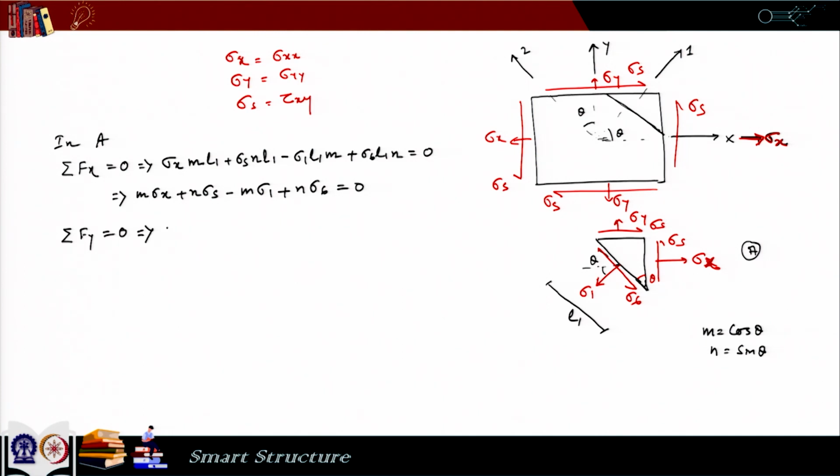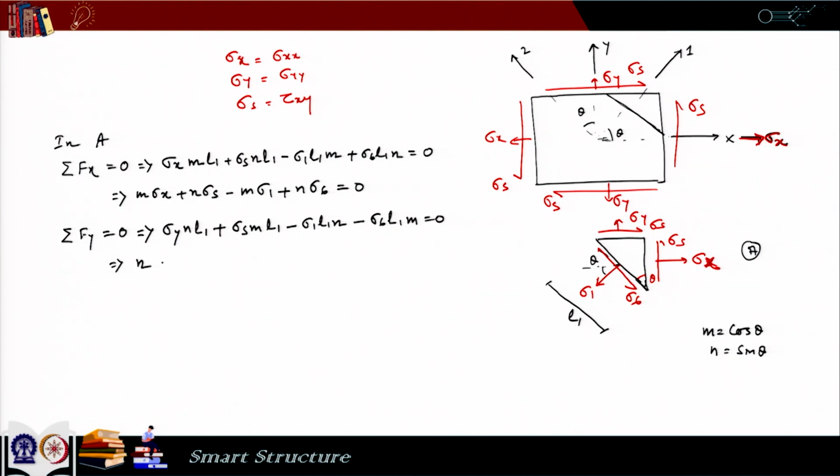That gives us sigma y multiplied by n into L1, plus sigma s multiplied by m into L1, and then minus sigma 1, its component along the direction 1, so sigma 1 multiplied by L1 into sin theta with a negative sign, sigma 1 L1 n, and then sigma 6 L1 m, and that is equal to 0.